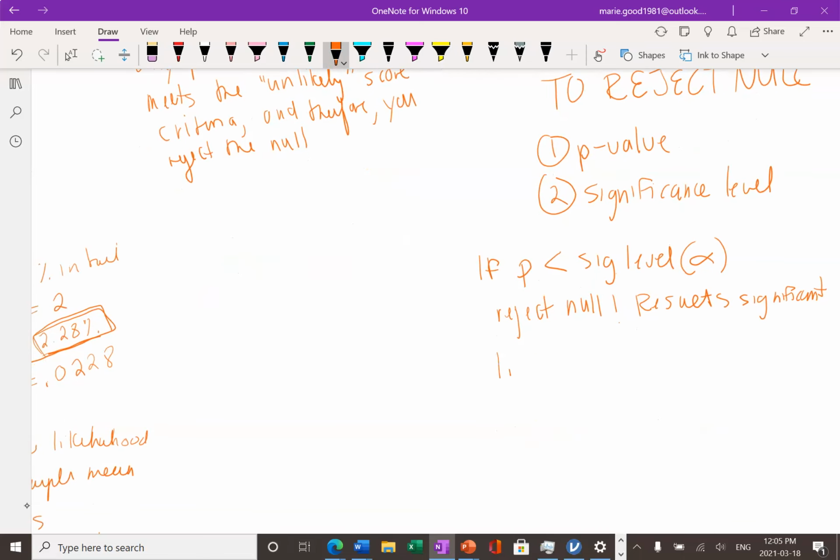But if p is greater than your significance level, then the likelihood of getting a sample score in the null situation is too high based on what you've defined as a low likelihood event. So if the probability is greater than the significance level, what you've set as defining an unlikely event, then you do not reject the null. And you'd say results are not significant.